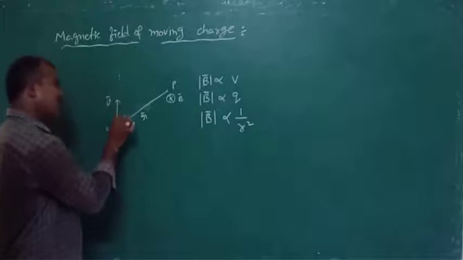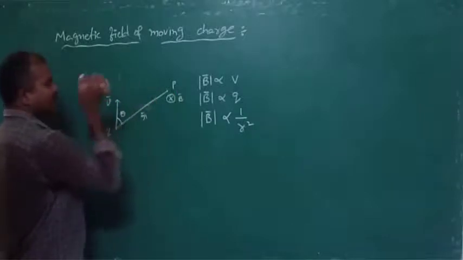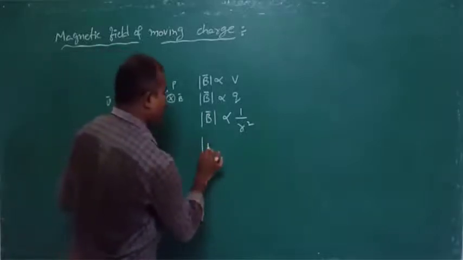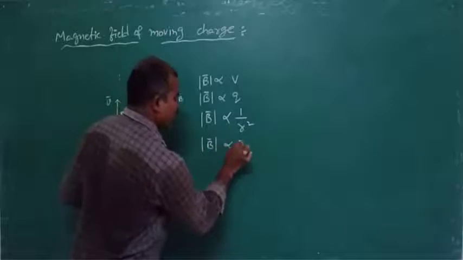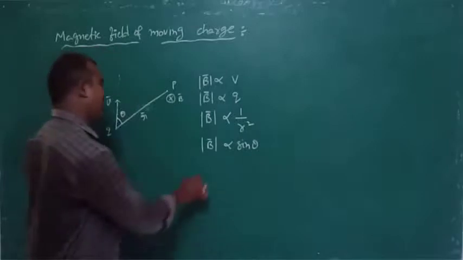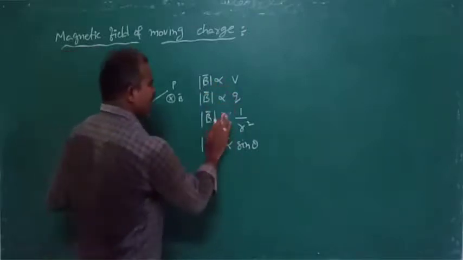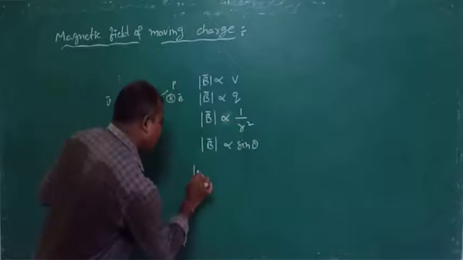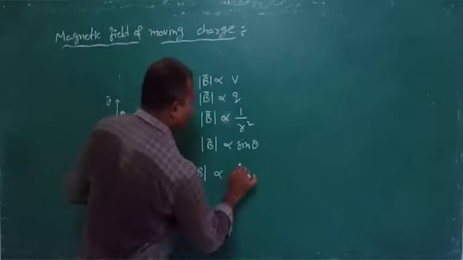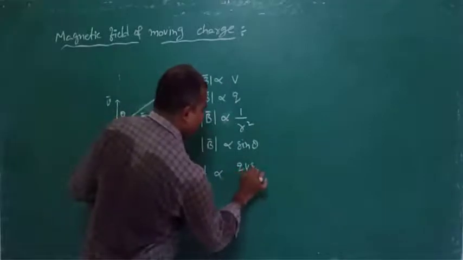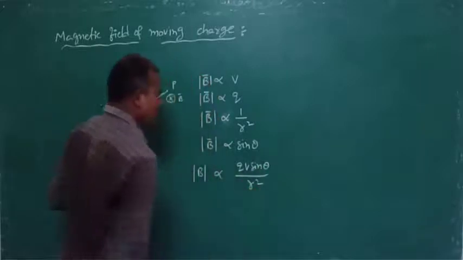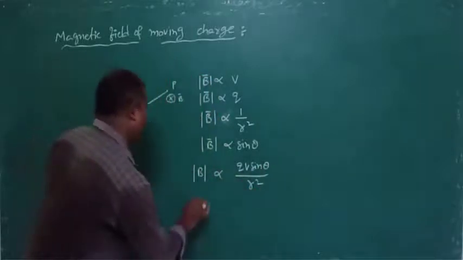Again, the velocity makes an angle theta with the direction of the radius vector. Then the magnetic field is directly proportional to sine theta. From all these factors, the magnetic field is proportional to q v sin theta by r square.